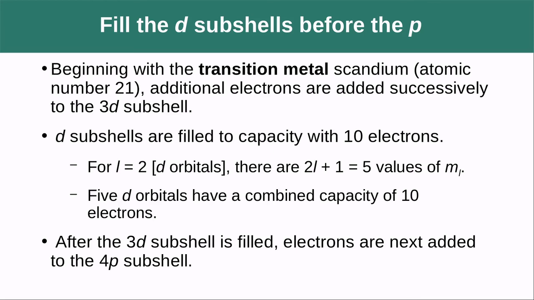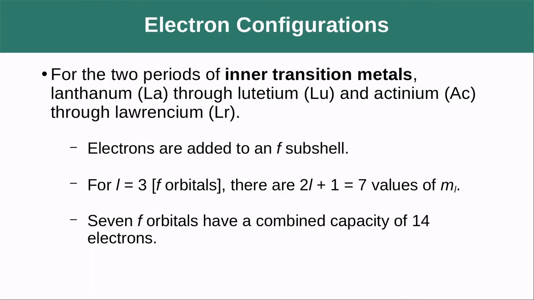For l equal to 2, there are 2 times l plus 1, 5 values of ml. The 5 d orbitals have a combined capacity of 10 electrons. After the 3d subshell is filled, the electrons are next added to the 4p subshell. So like we talked about before, it doesn't exactly make sense, but it's the way that it plays out.